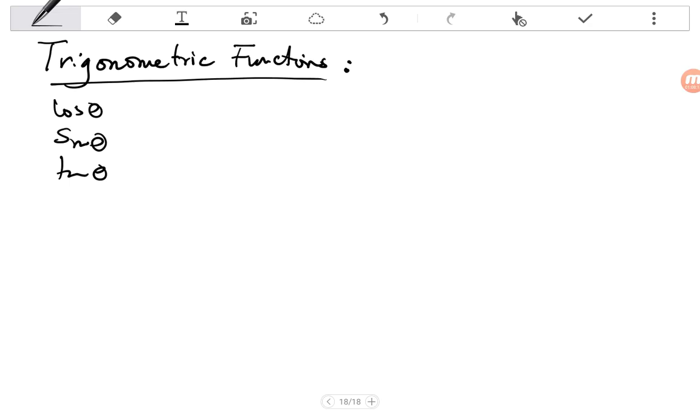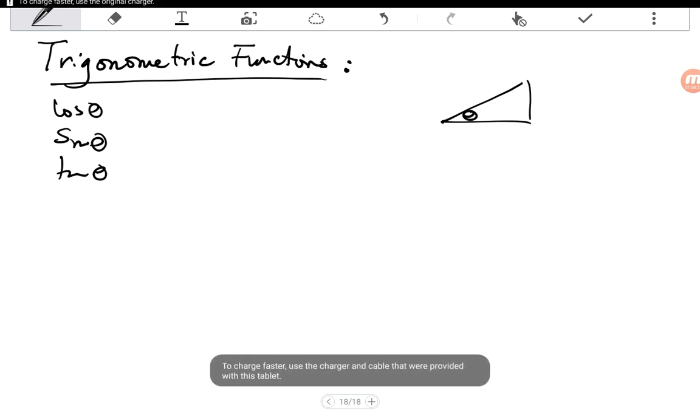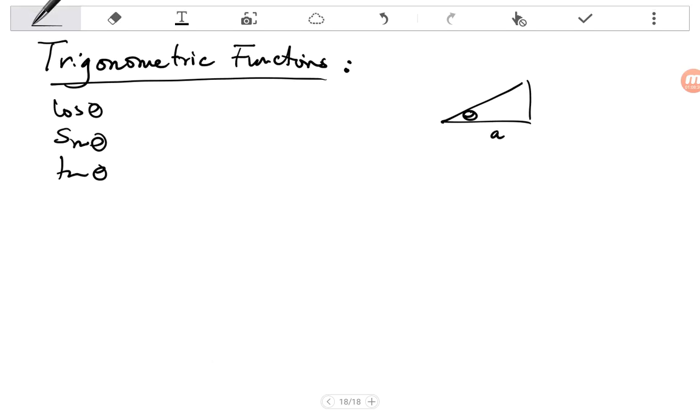They are called trigonometric functions because they come from a triangle. If I have a triangle with angle theta, if I have this triangle, each of these functions defines a ratio of the sides.